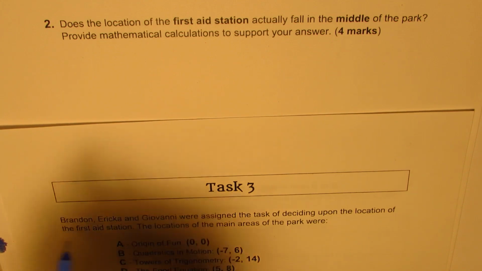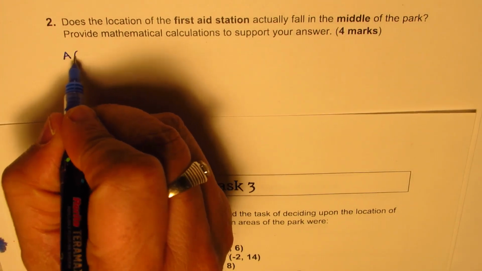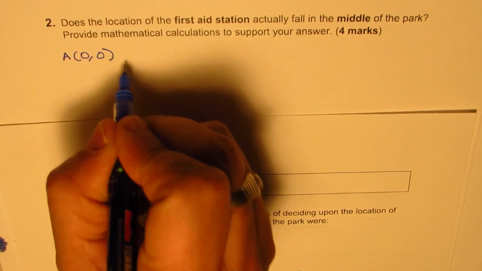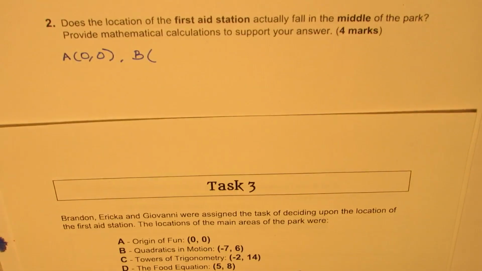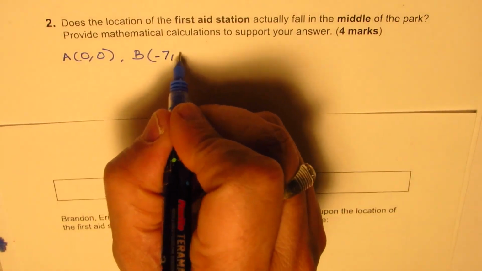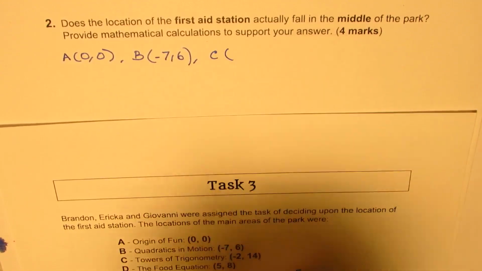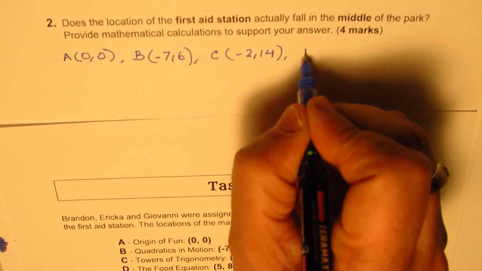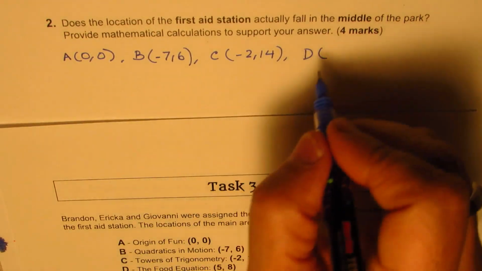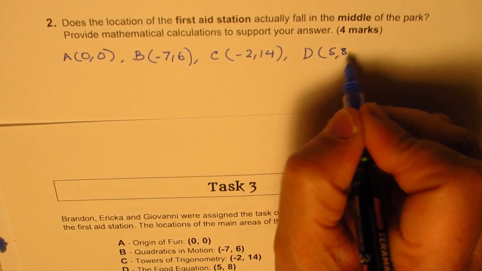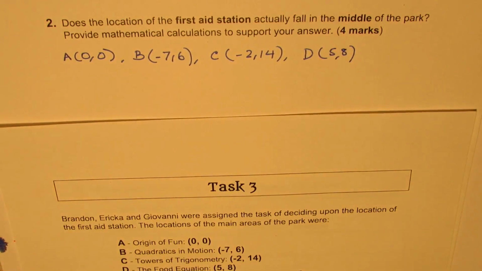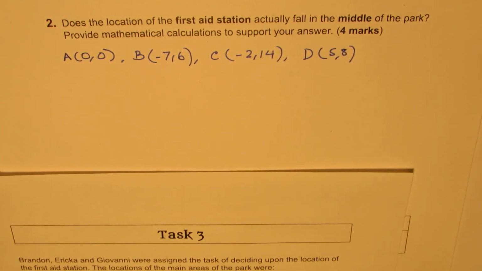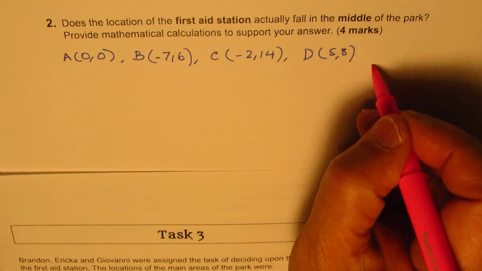So let's find the midpoint of BD. These are our points. We have A, which is 0, 0. We have B, which is -7, 6. We have C, which is -2, 14. And then D, which is 5, 8. We kind of have a sketch which looks like this. Let me just draw it here. It makes things simpler.